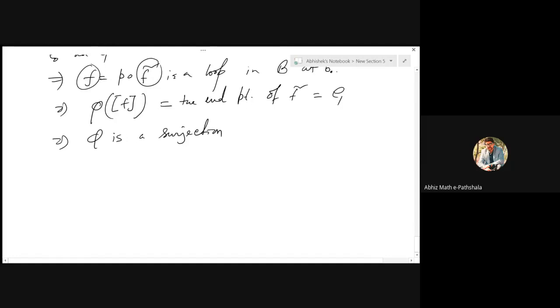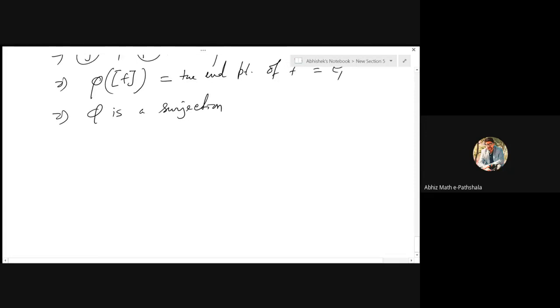Now, if you restrict the domain space further, using another property, that in addition E is simply connected, then what will happen?